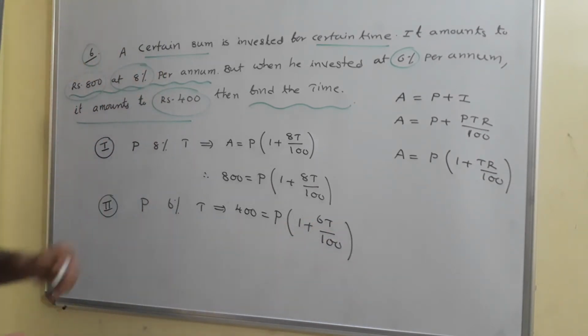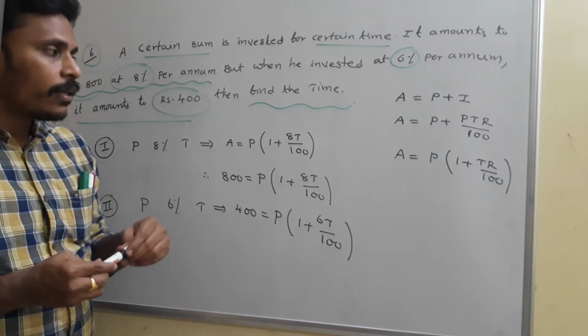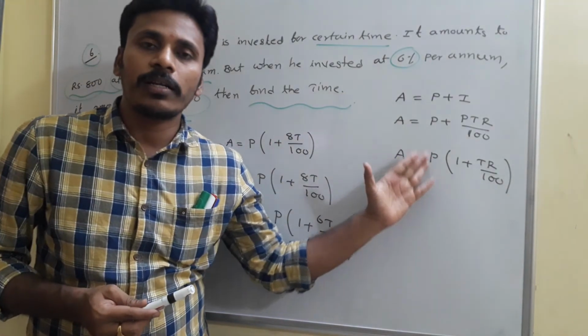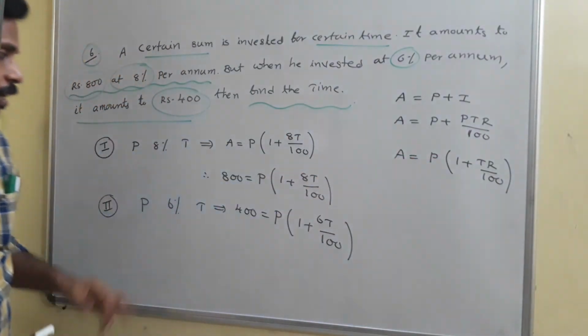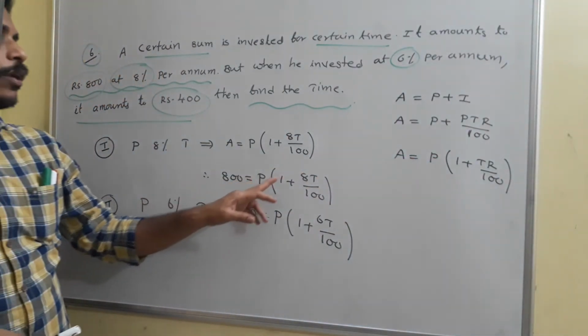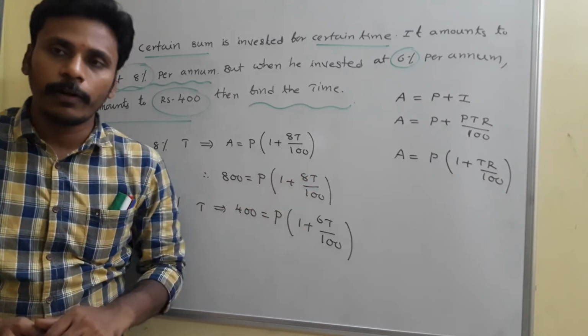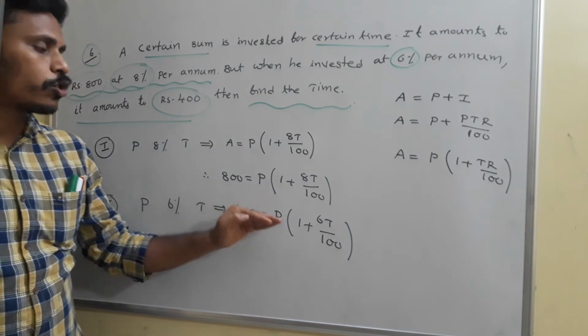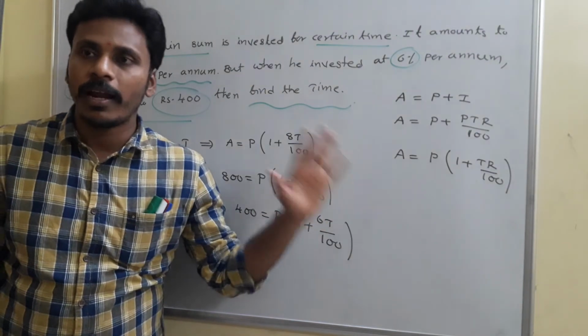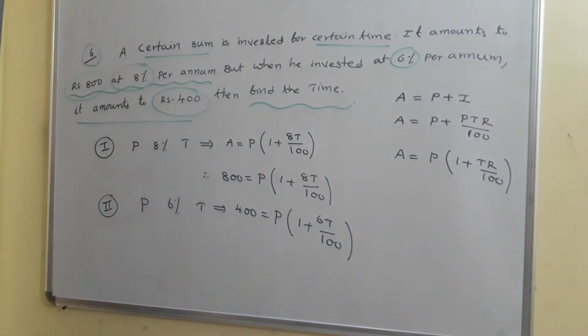By the usual formula, amount is equal to principal into 1 plus TR by 100. Applying it to the first case, 800 is equal to P into 1 plus 8T by 100, and for the second case, 400 is equal to P into 1 plus 6T by 100. Now our task is to find T.